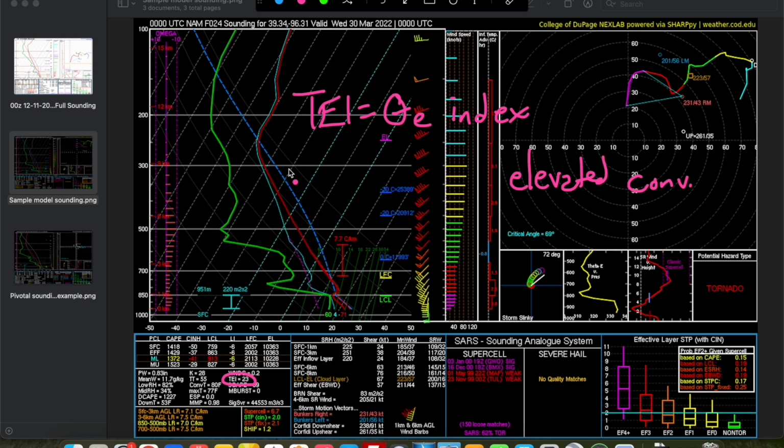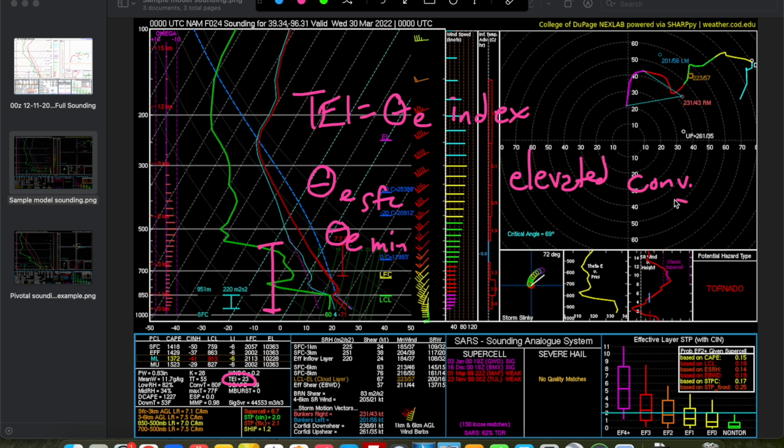But it is one of those composite parameters, and the way we calculate it, this value displays the difference between the Theta-e at the surface and the minimum Theta-e in the lowest 400 millibars of the sounding. So you take the difference of those two, and that's your Theta-e index. Again, it tells us the chances for elevated convection.